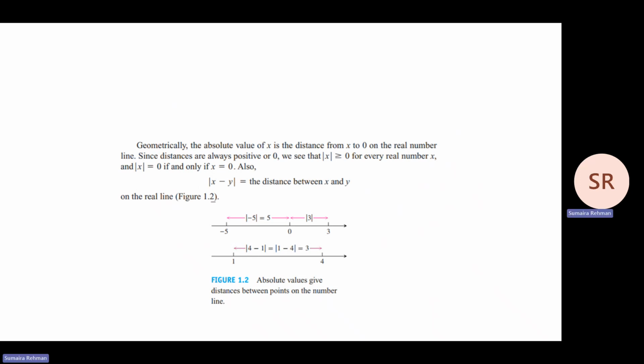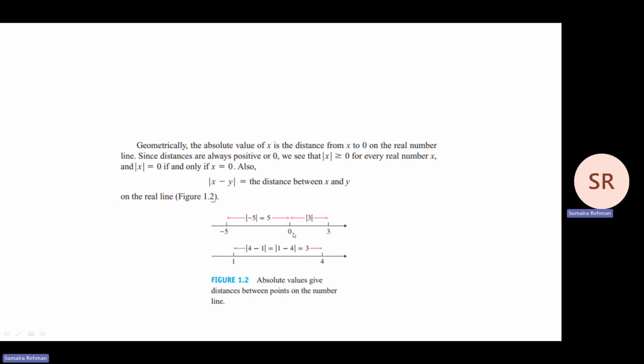As I explained, the absolute value in mathematics is just the distance from the origin to that number. It doesn't matter whether that distance is to the right side or to the left side, we will consider that number positive, because we are doing some displacement.